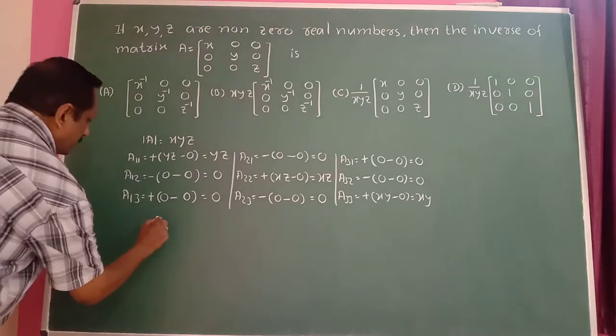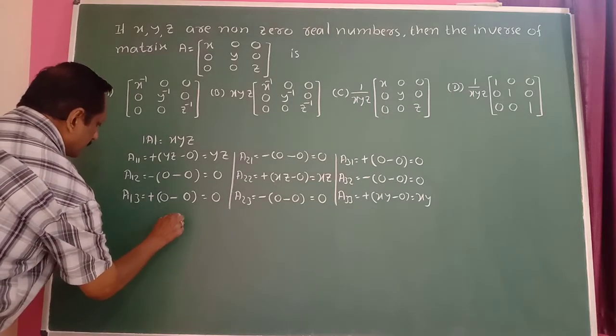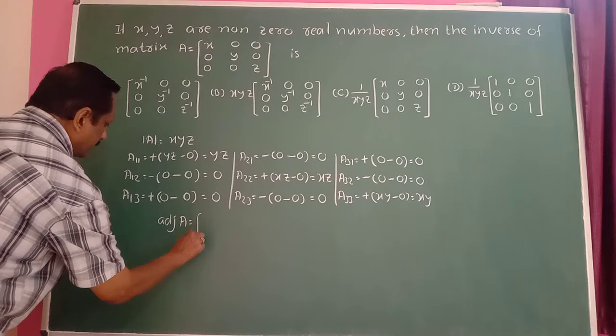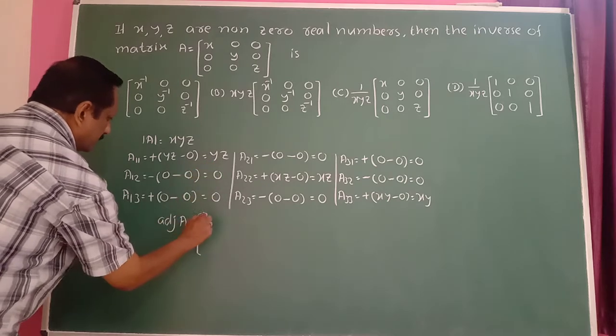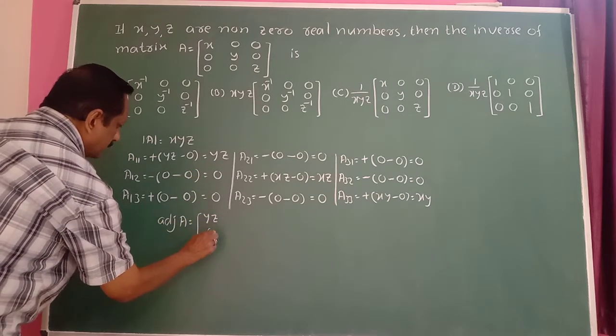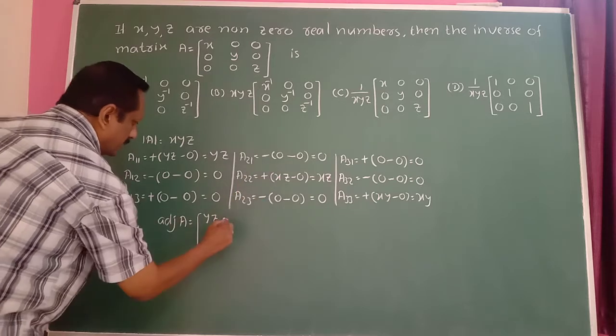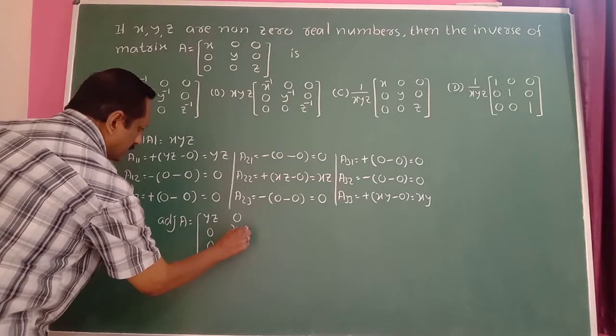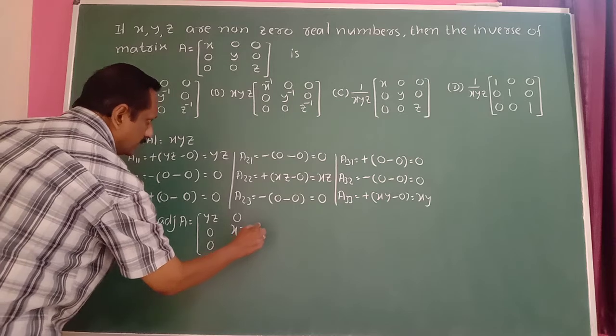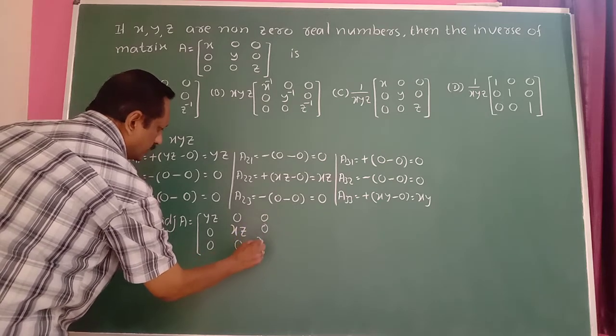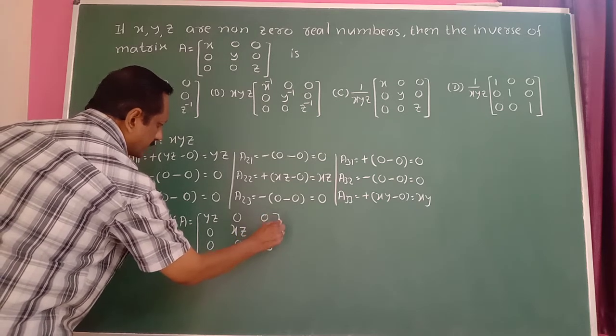Therefore, the adjoint of the matrix is: yz, 0, 0; 0, xz, 0; 0, 0, xy.